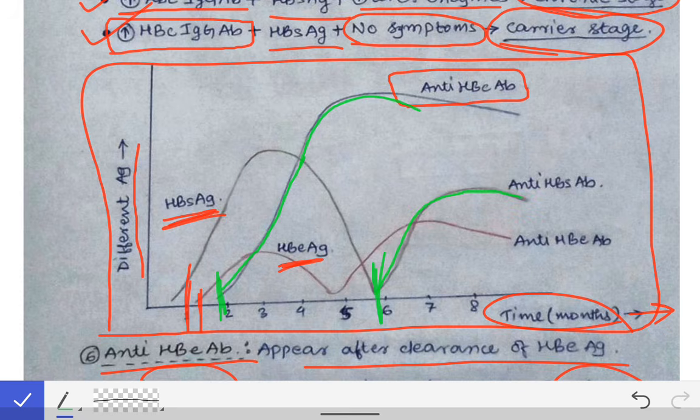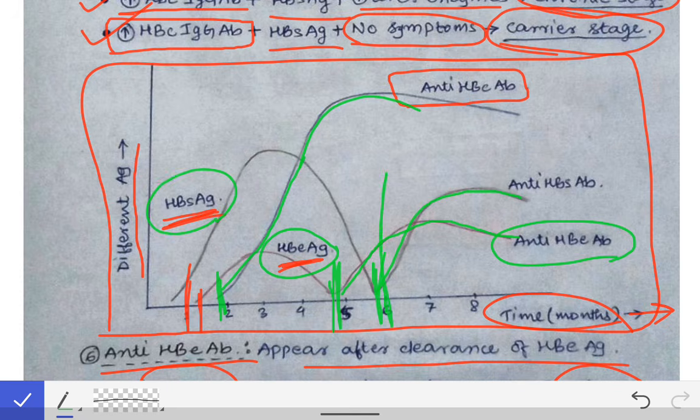While when the HBe antigen falls at around the 5th month, then the rise of anti-HBe antibody occurs.